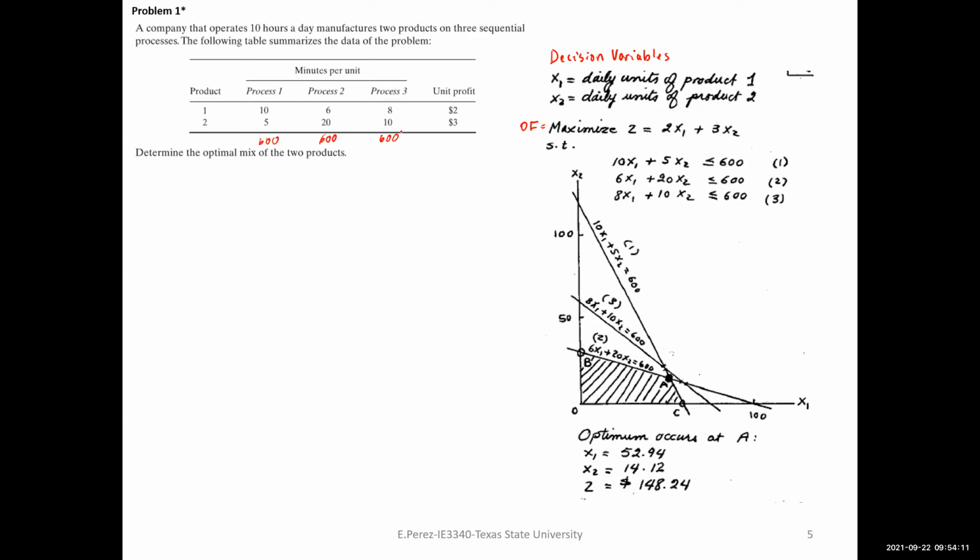So my first point is going to be 0 and 120. Then I can make x2 equal 0 and solve for x1. If I do that, then I have 10x1 equals 600, and x1 is going to be equal to 60. So my second point is 60, 0.